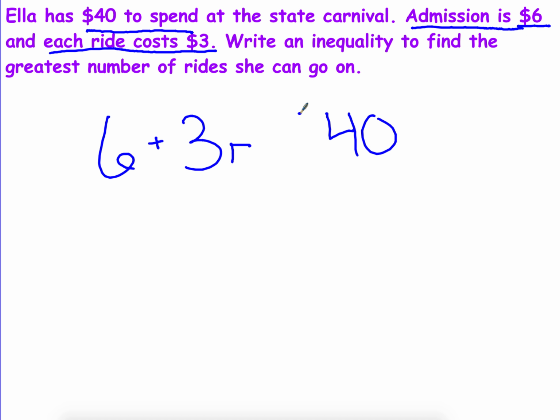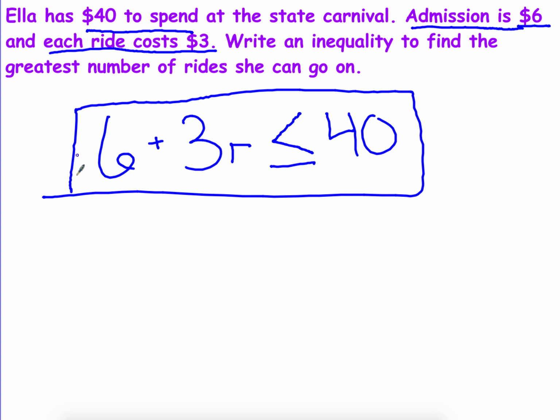So she cannot spend more than $40. She has to spend less than $40, but she's allowed to spend exactly $40. That's how much money she has to spend. So I'm going to put the "or equal to" symbol there. So $6 for admission, plus $3 for every ride, has to be less than or equal to the $40 that she has, because she cannot spend more money than what she has in her pocket. Okay? All right, well, that's all I got for you guys.